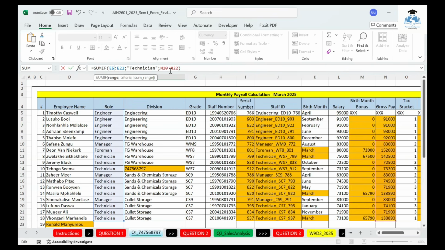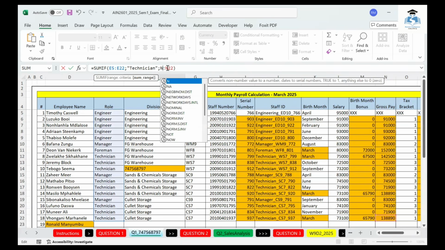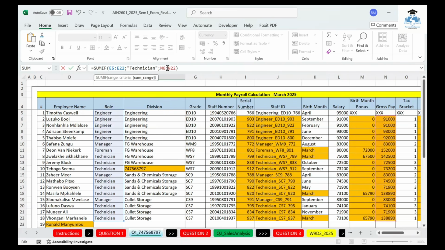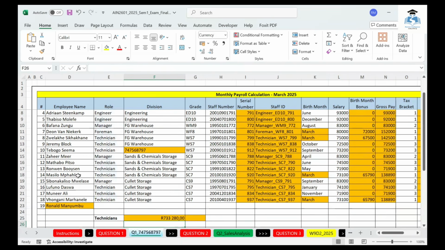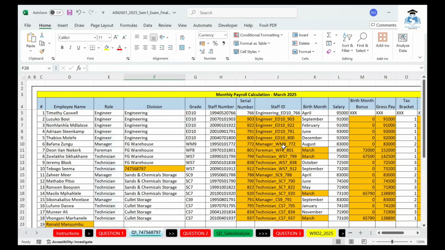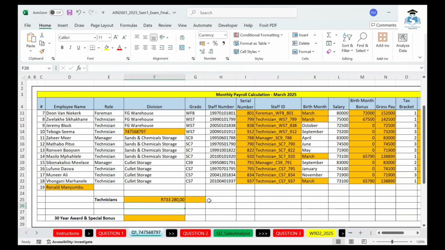And then N10. What did they want us to do here? I think we can use N6 because the other one is a text. It seems as if it's reduced from what we had before. So take note of that.